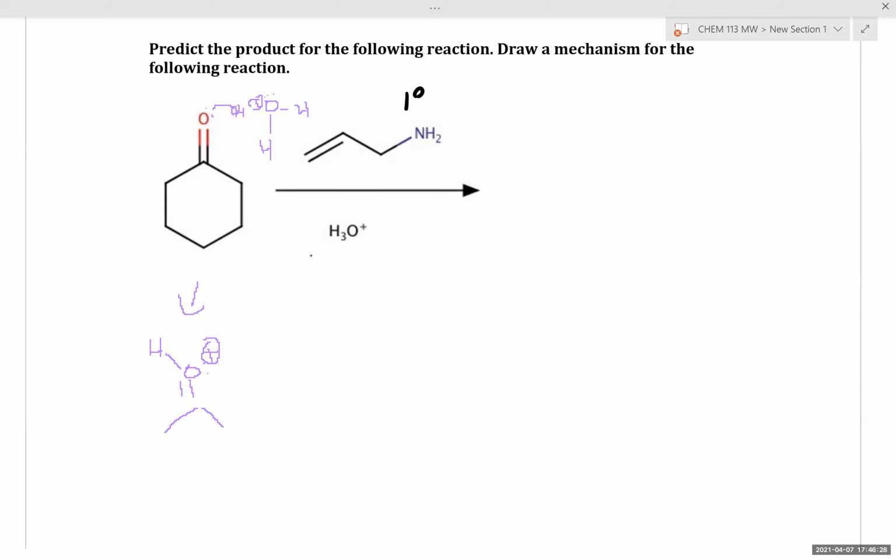Conveniently enough, we have a nucleophile already ready to go, our primary amine. So our primary amine will attack our carbonyl carbon, and we generate a tetrahedral intermediate.